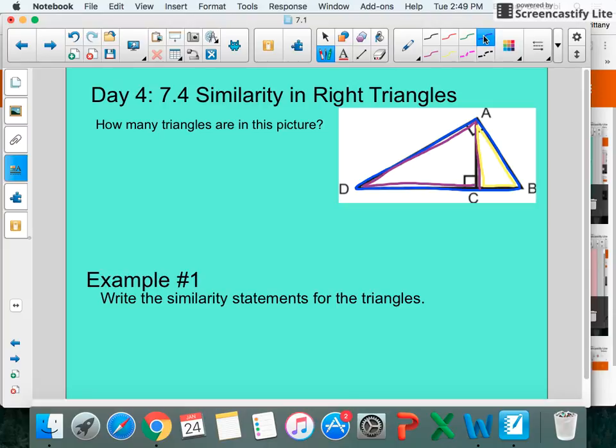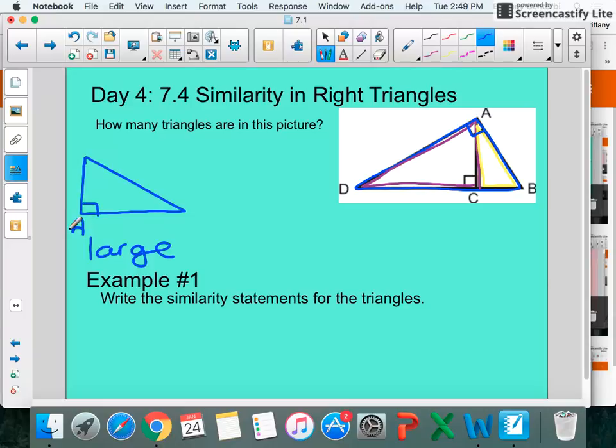So I'm going to start with the large triangle over here. If I draw the triangle, you notice we have a long side, a short side, and then a right angle. To figure out what letters we put, we have to look at the triangle. If I look at the large triangle in blue, I see that the right angle is here at angle A. So I'm going to put my right angle here, and I'm going to put A there.